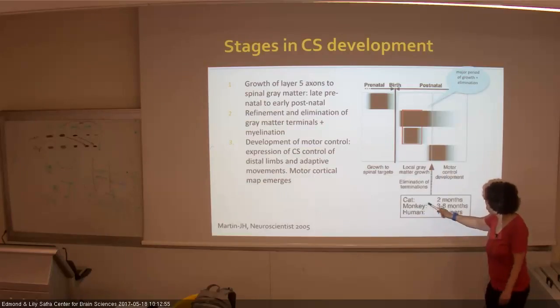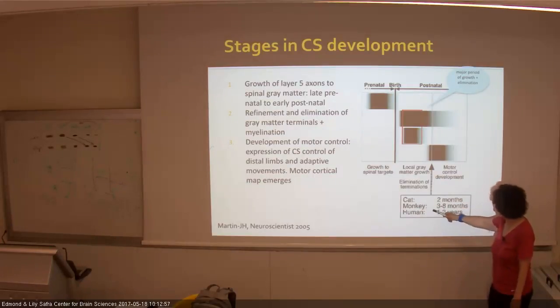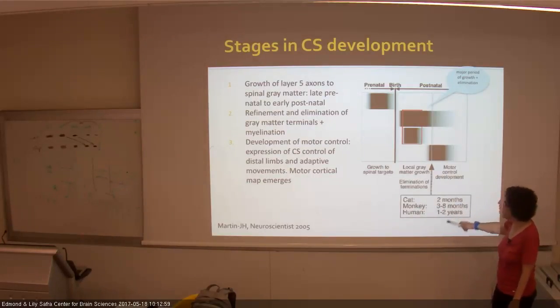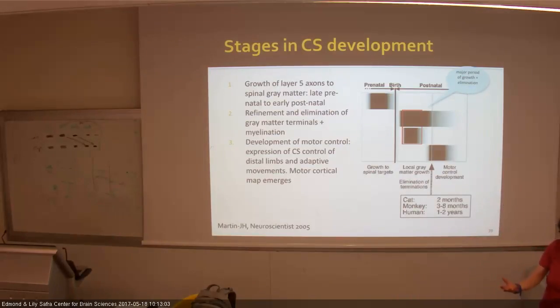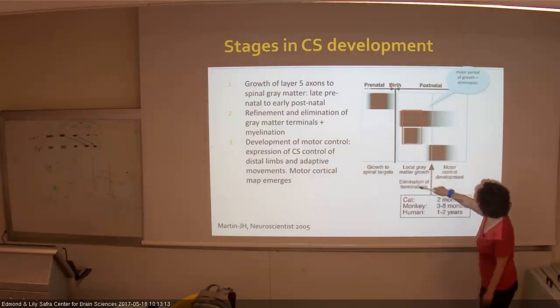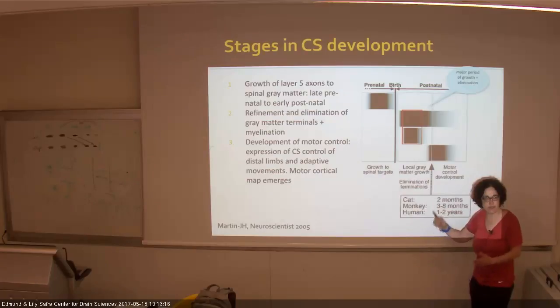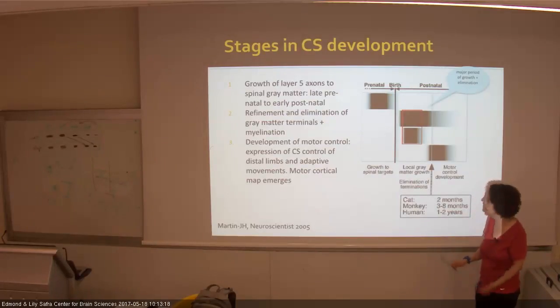So for cats, it takes 2 months. For monkeys, 3 to 8 months, and in humans, 1 to 2 years. And that's why kittens, when they are 1 month old, can do fairly fancy things, and humans cannot. Most humans. And only after the full refinement of the corticospinal pathway can the motor ability develop, okay?